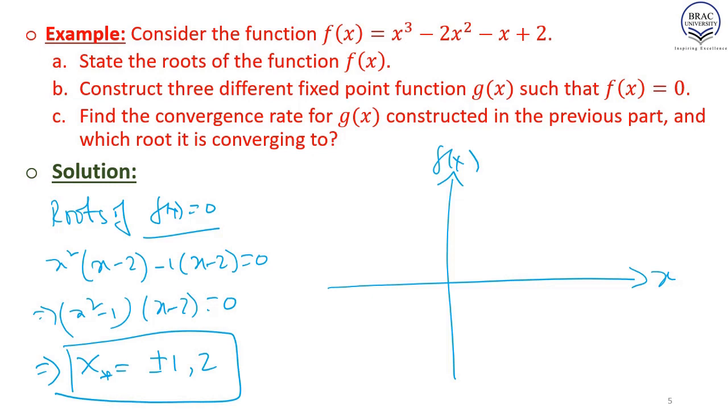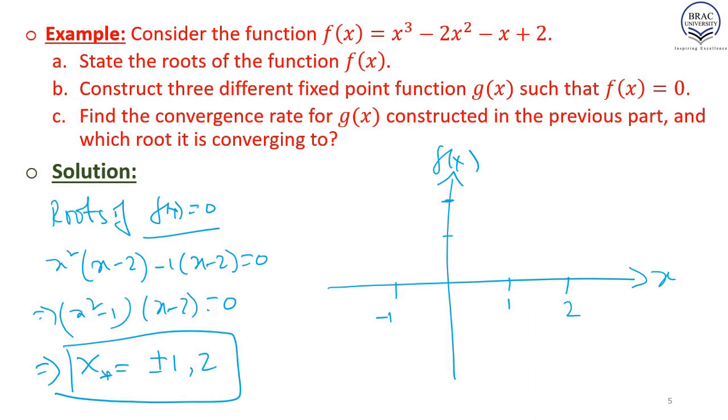Now graphically, the graph of f of x crosses the x-axis at plus 1, at minus 1, and at 2. Minus 1, plus 1, plus 2. And look at the y-intercept. If you put x equal to 0 here, y equal to 2. That means it is 1 here, 2 here.